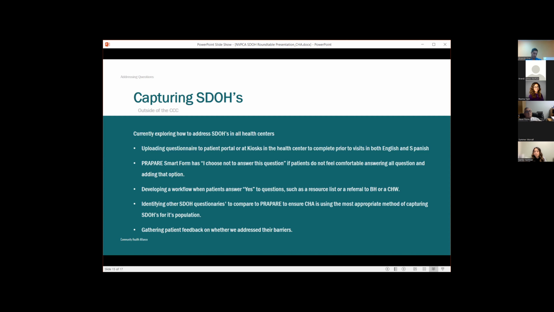And then the Prepare Smart form does have the "I choose not to answer this question" option. And so we are incorporating that into our kiosk and patient portal questionnaire, so that if the patient doesn't feel like answering all the questions, they can add that option in and not answer it. And then we're able to track how many patients didn't want to answer that question.